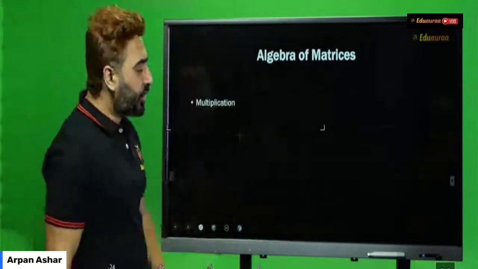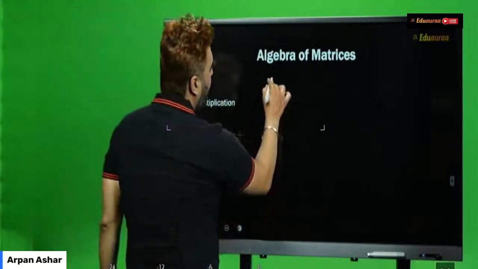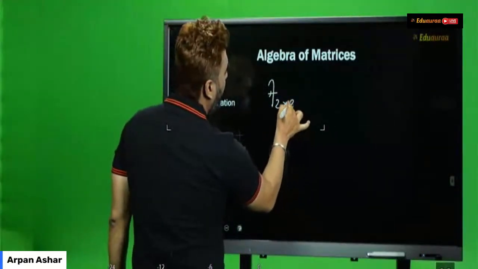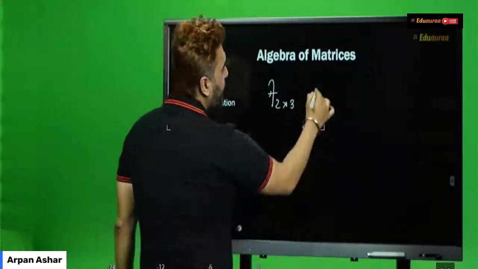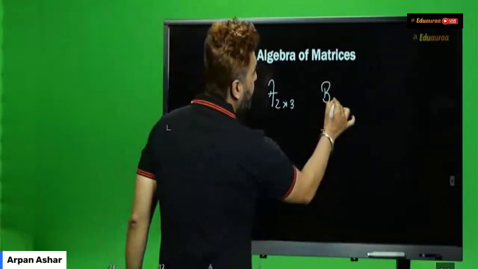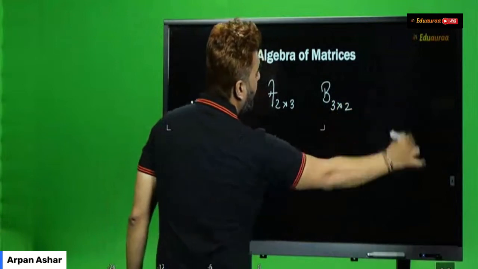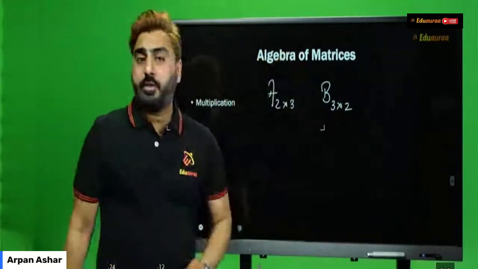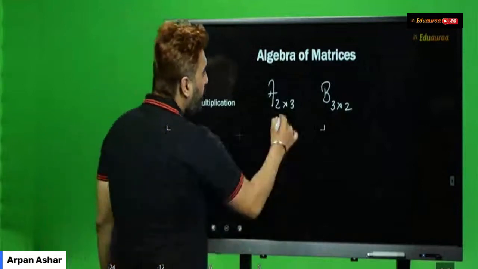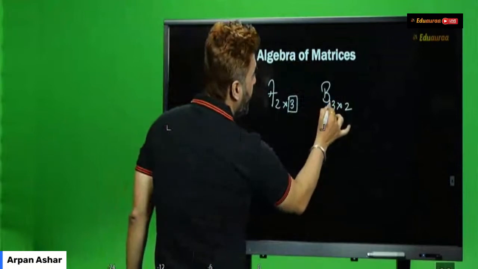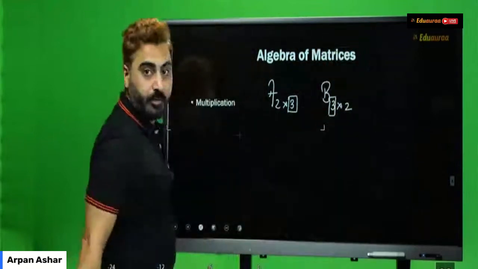So what is the condition? Now let's say we have a matrix A whose order is 2 by 3. Let's say we have a matrix B whose order is 3 by 2. Now the condition for matrix multiplication is column of first should be same as row of second.